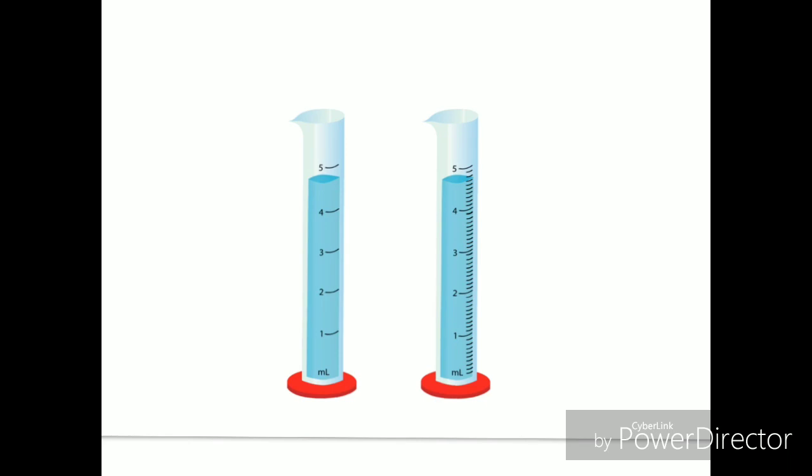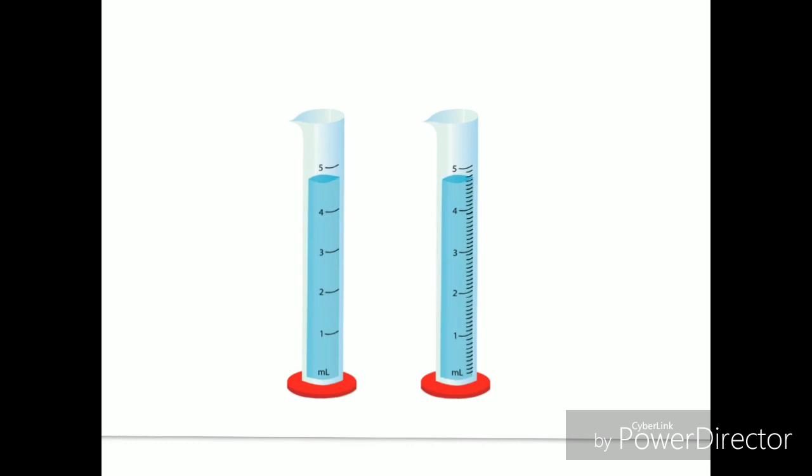Here is another situation where we have the same volume measured with 2 different instruments. The instrument to the left has fewer graduations than the instrument to the right. Take a minute, pause the video, and see if you can determine an acceptable measurement for each instrument.